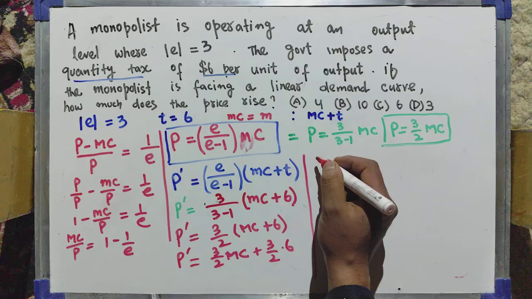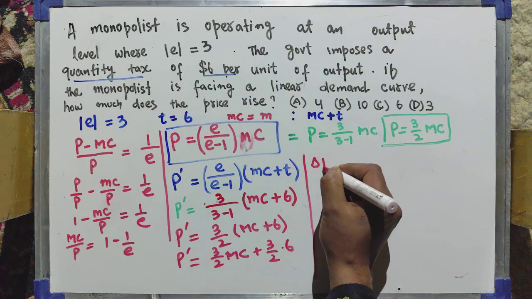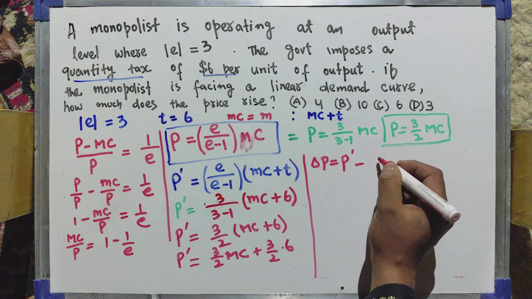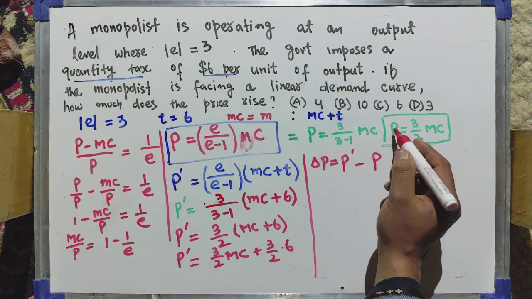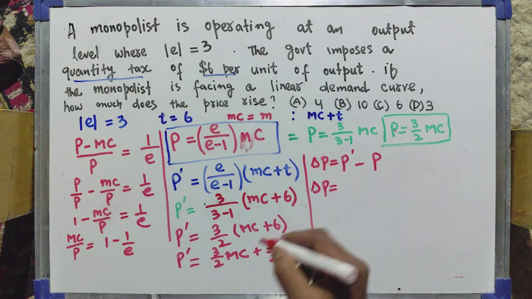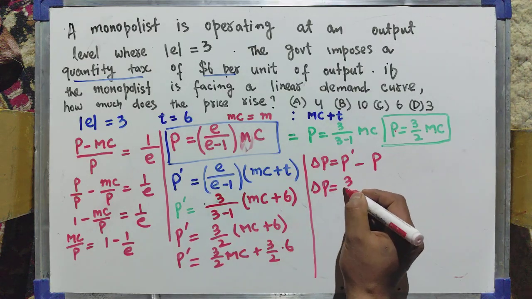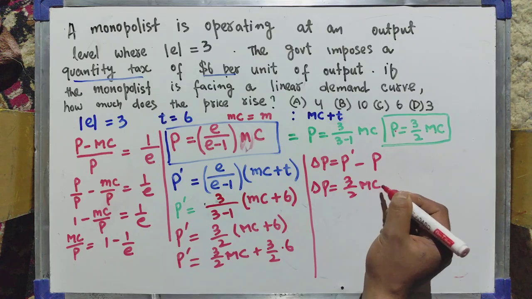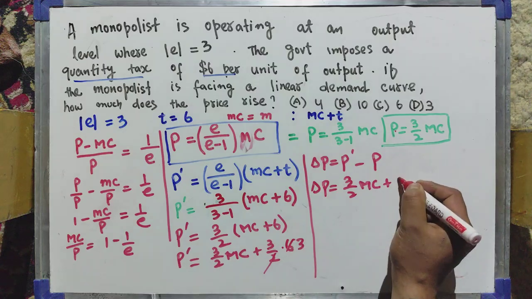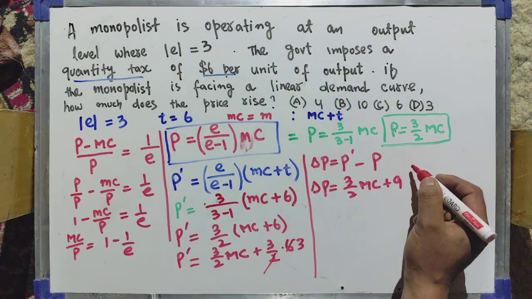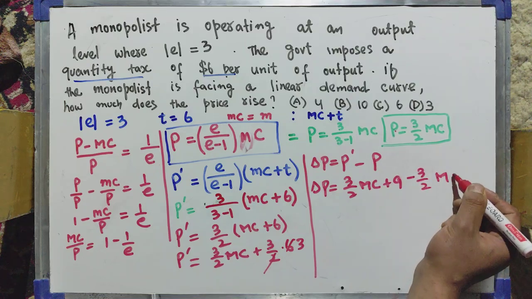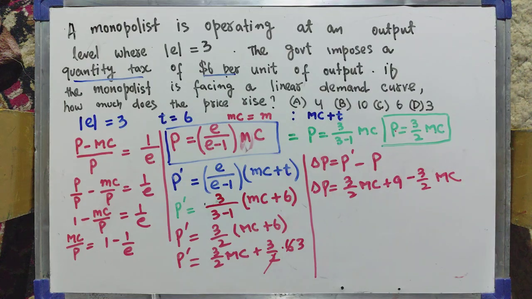Now what is the change in the price? The change in the price will be equal to the new price, that is P prime, minus the old price, that is P. So the change in the price will be equal to 3 upon 2 times MC plus 3 upon 2 times 6, which is 9, and we subtract the old price, which is minus 3 upon 2 times MC.